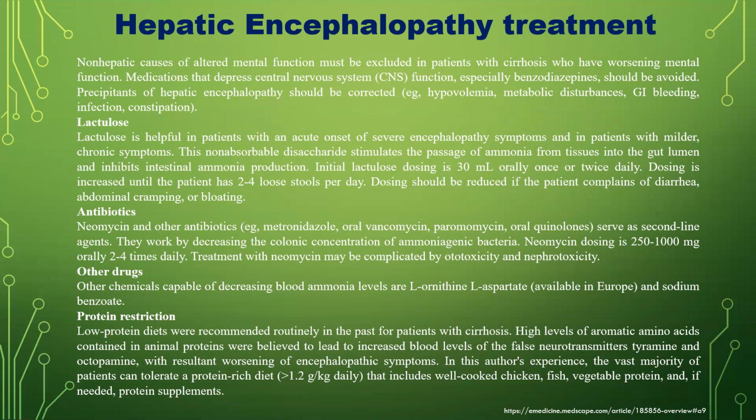Low-protein diets were recommended routinely in the past for patients with cirrhosis, and high levels of aromatic amino acids contained in animal proteins were believed to lead to increased blood levels of the false neurotransmitters tyramine and octopamine, with resultant worsening of encephalopathic symptoms. In fact, the vast majority of patients can tolerate a protein-rich diet that includes well-cooked chicken, fish, vegetable protein, and, if needed, protein supplements.